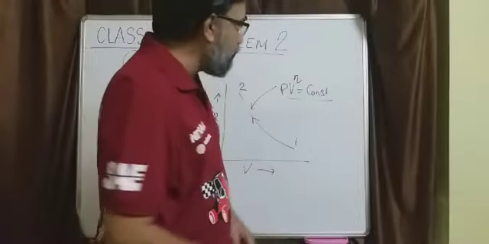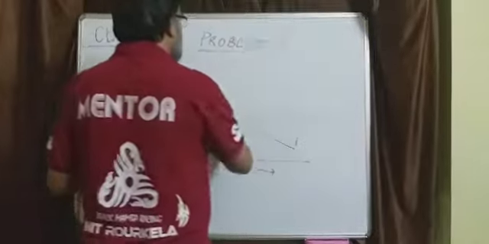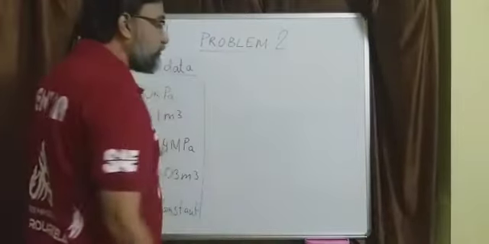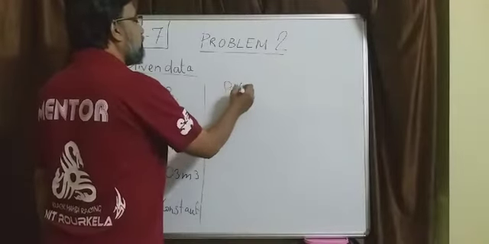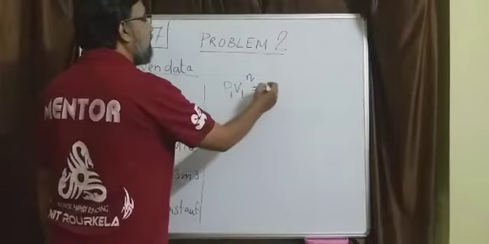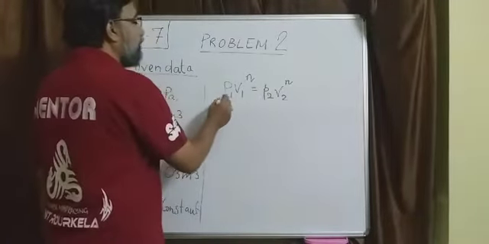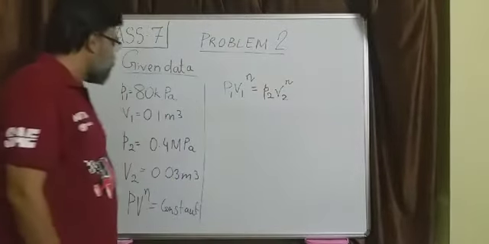Now how to find the value of n? P1 and V1 are given to you, and what is also given to you is the relationship between P and V. So you can write according to the equation P1 V1 to the power n is equal to P2 V2 to the power n. And P1 value is known to you, V1 value is known to you, P2 and V2 values are known to you.